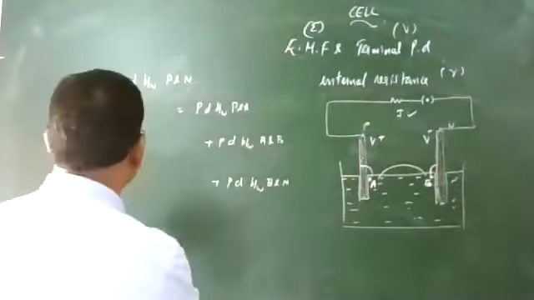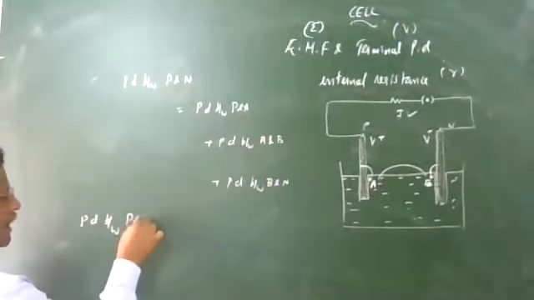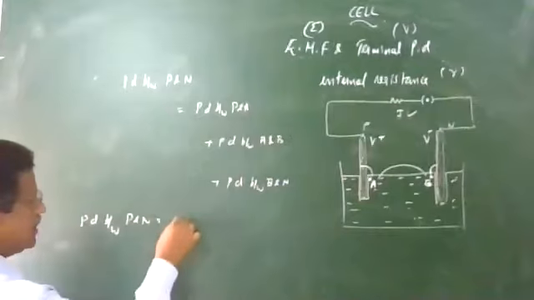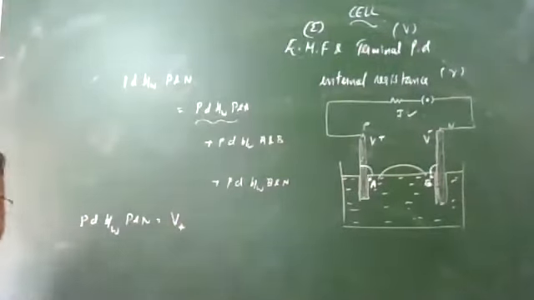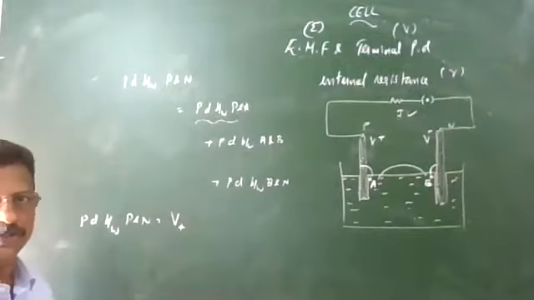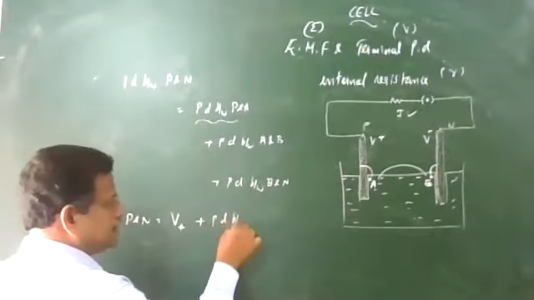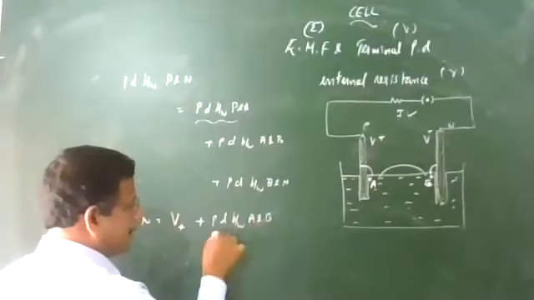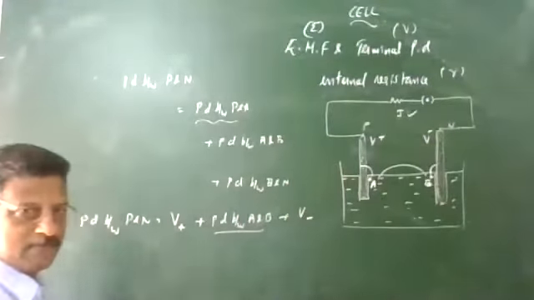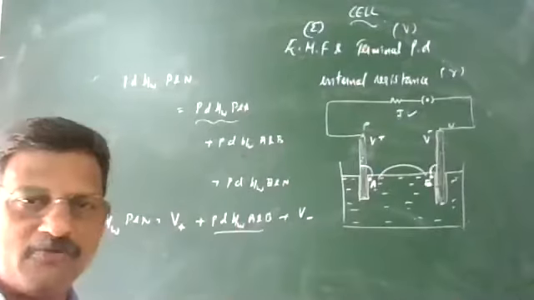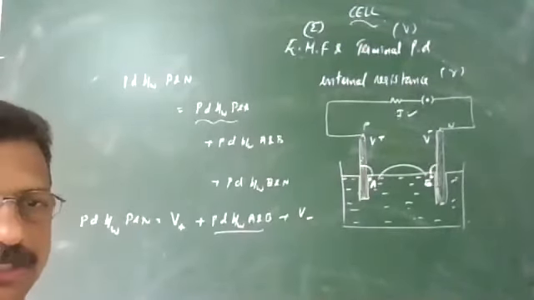So I write: PD between B and N, positive and negative electrode, is PD between P and A, which we write as V plus, that is a positive potential, plus PD between A and B, plus PD between B and N, which is marked as V minus, that is a negative potential, of course greater than 0 in value. So this is the equation.